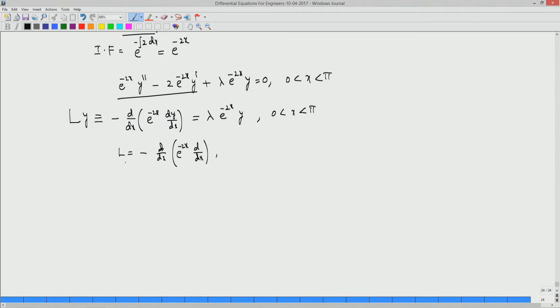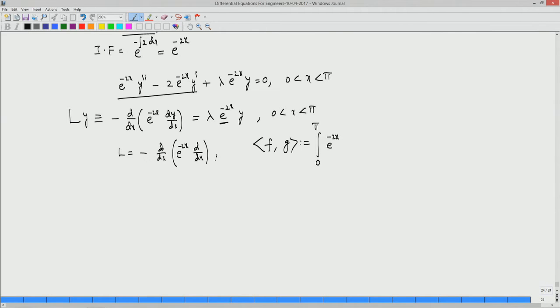Once you identify this operator, you can write the dot product of two functions. The definition is over the domain 0 to pi, and you have a w here, e power minus 2x.